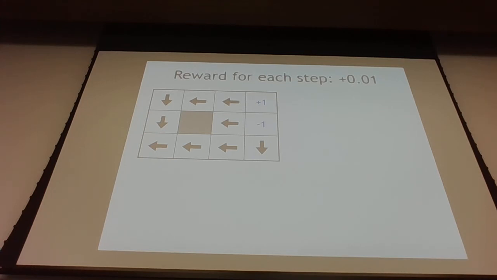Yes. In this game, the game actually ends if you reach either the +1 or the -1. That's why the arrows stay away from them completely here, because they never want to reach them, for a different reason. When you reach those, the reward gets very close to 0. We'll talk about that a little bit later.